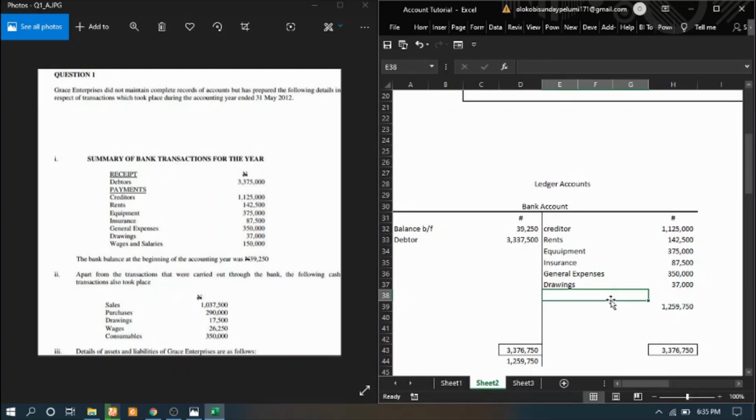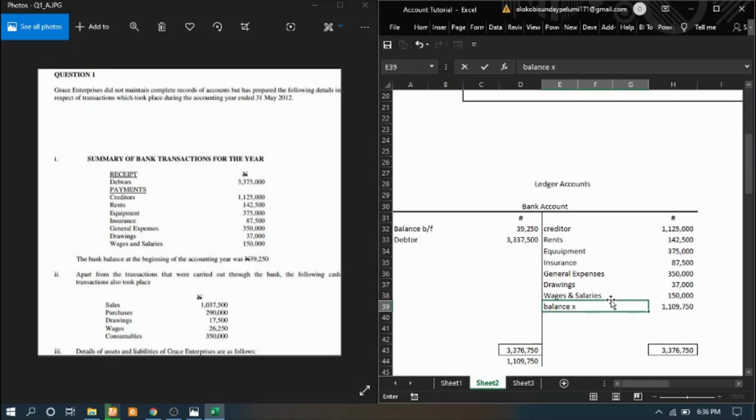So we have wages and salaries, and that is 150,000. Balance carried down.